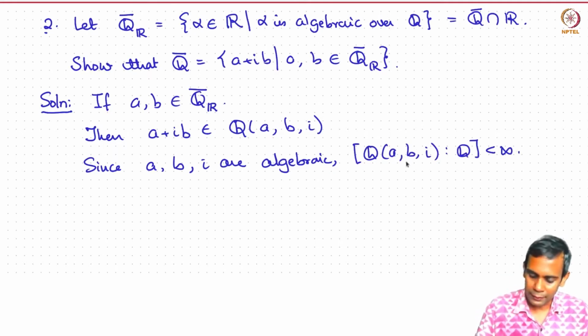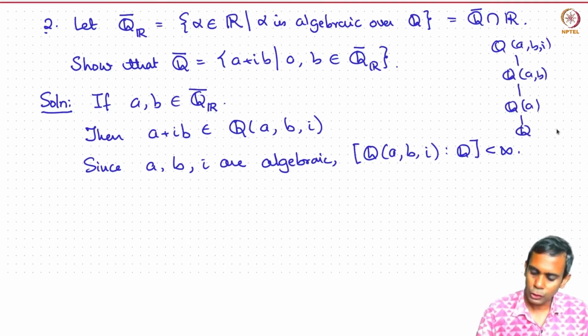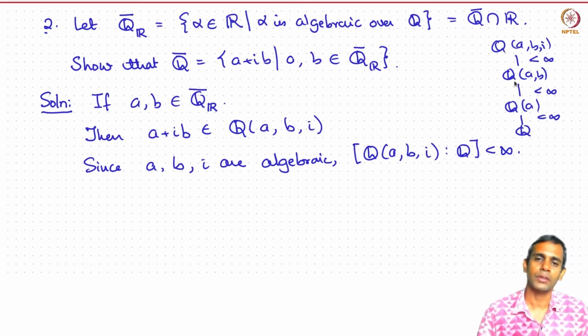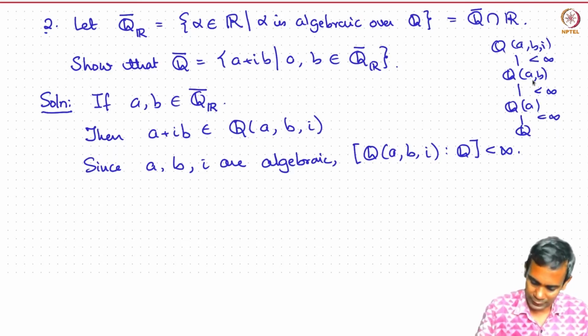You can show it by looking at a tower of fields Q(A, B, i), then Q(A, B), then Q(A), and then Q, and showing that each of these extensions is finite. Basically, you can bound the degree of Q(A, B, i) over Q(A, B) by the degree of Q(i) over Q. We've seen these kinds of arguments before in the lecture.